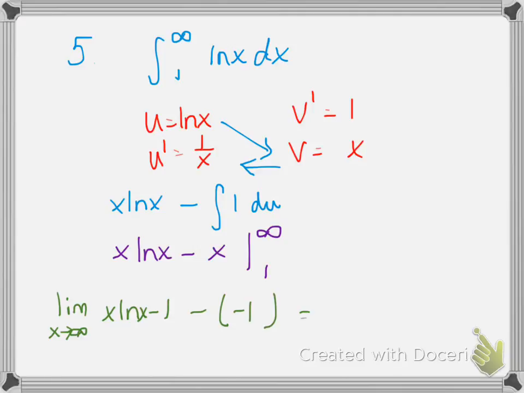And so that gives us the limit as you approach infinity. You see minus 1 plus 1, so really of just x ln of x. And then there you get infinity, which means it diverges.